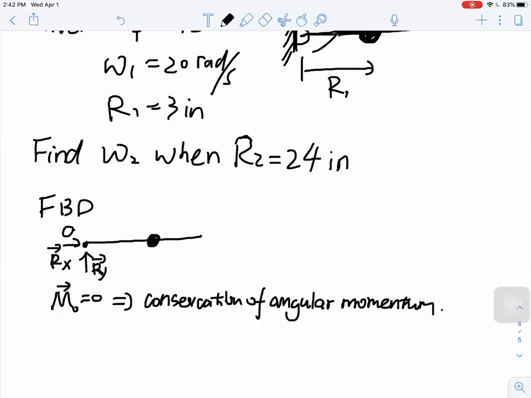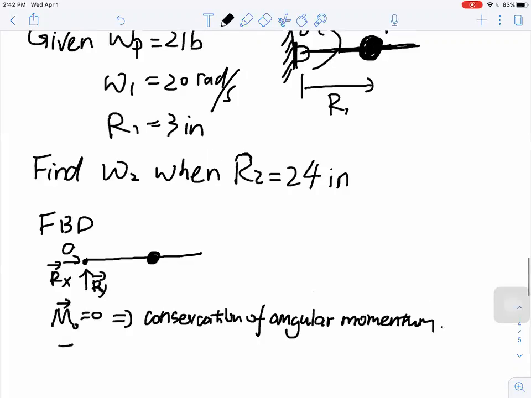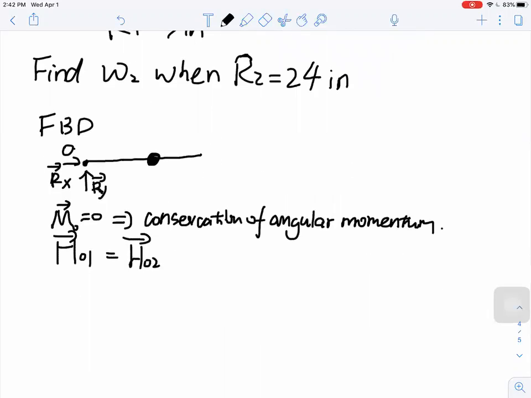Then we can start writing the equation: the angular momentum HO1 equals HO2. We learned HO1 and HO2 can be expressed in the polar coordinate system. So that can be written as m, the mass of the particle, times r1 square, omega 1 equals m r2 square, omega 2.